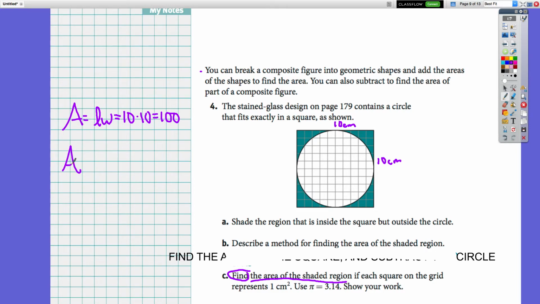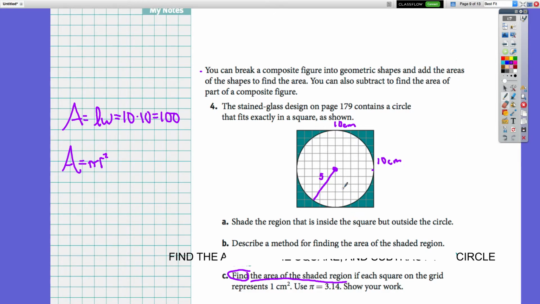In this case, I just need an area of a circle, pi r squared. Now let's take a look at this. We know we have a diameter of 10, which means I have a radius of 5. And one thing I want to make sure that we know, the radius doesn't have to go straight to the side. It doesn't have to be a horizontal line. This is also 5.